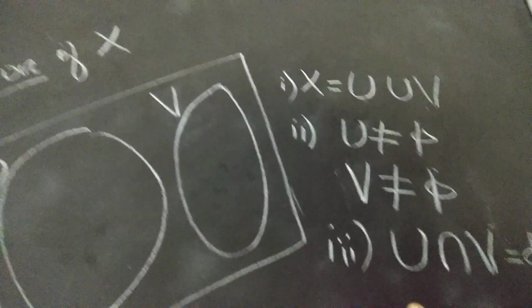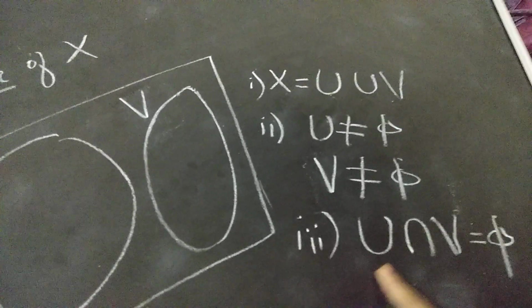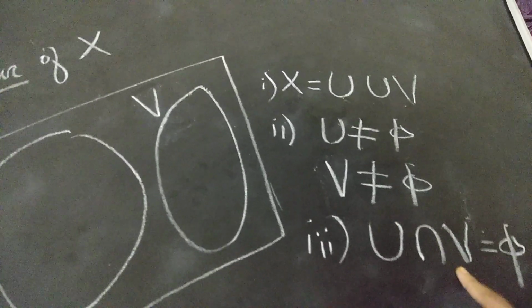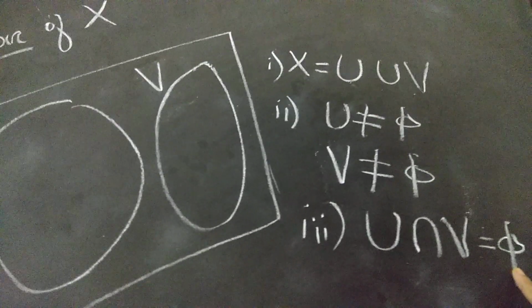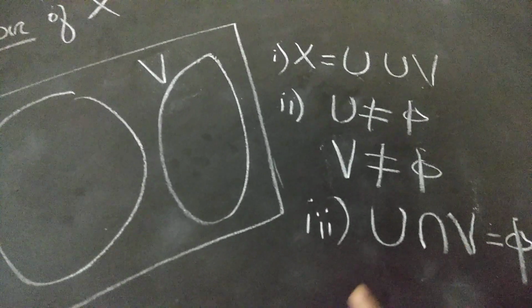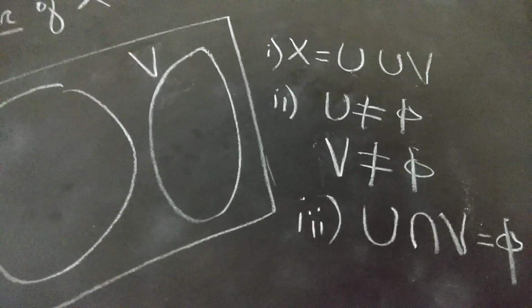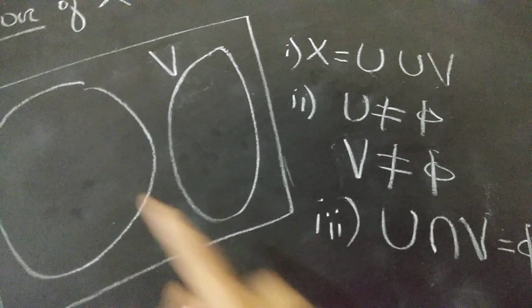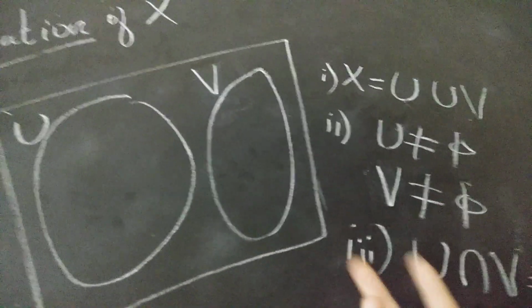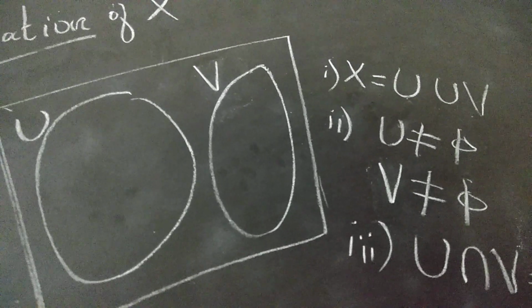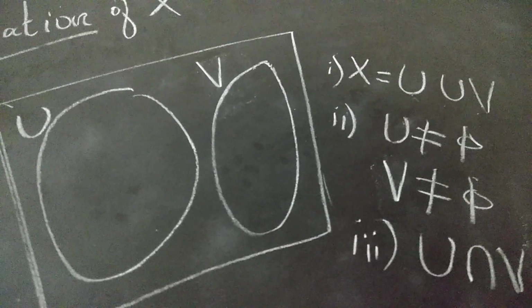And the third condition is when you find U intersection V, it should be empty. We know that this U and V are disjoint open subsets. We know if they are disjoint, what does it mean? They do not have any common elements. That is the meaning, right?